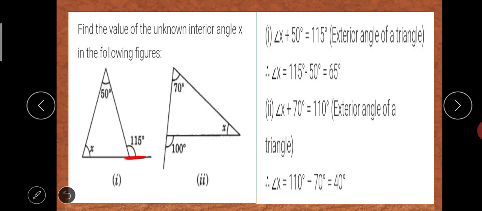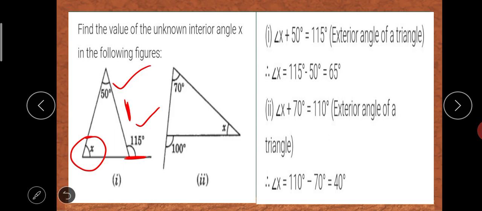So first we have to subtract, because we know that when we add the two interior angles, the sum equals the exterior angle. So here the exterior angle is given, one angle is given, and you have to find the other. So here we have to do the subtraction, okay, understood?